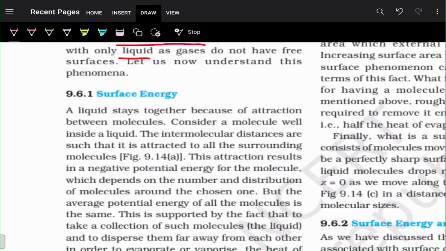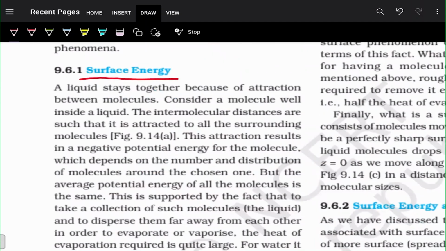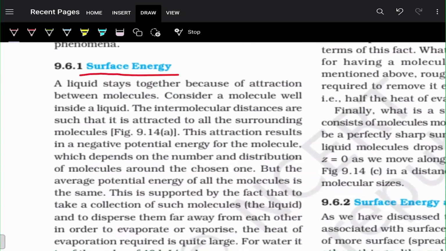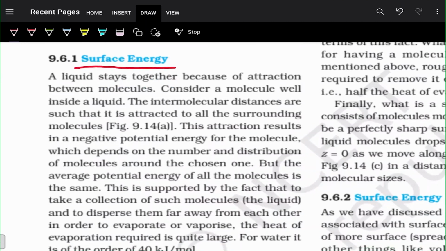What is surface energy? A liquid stays together because of attraction between molecules. So the attraction between molecules is why the liquid stays together. Consider a molecule well inside a liquid.